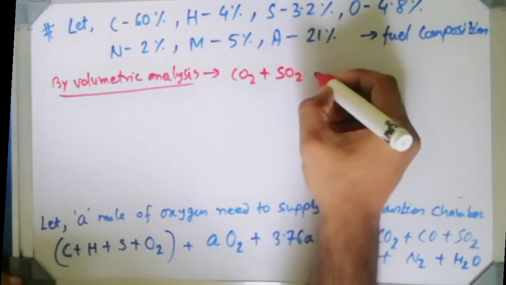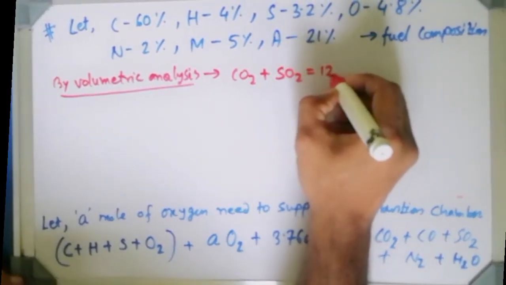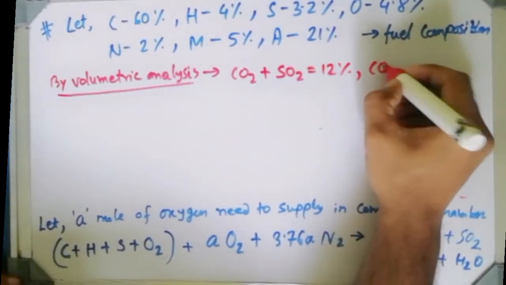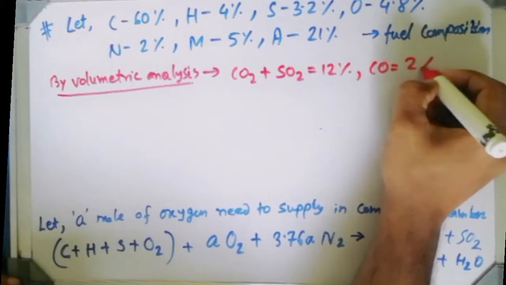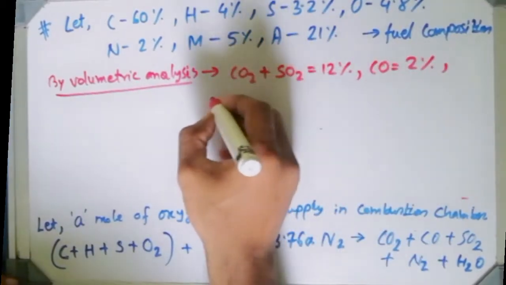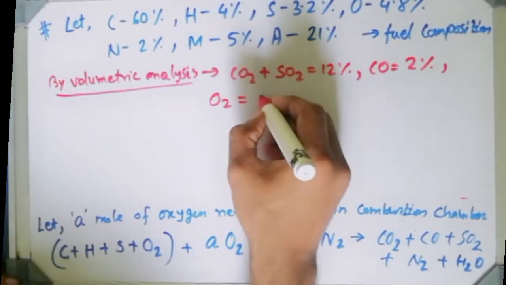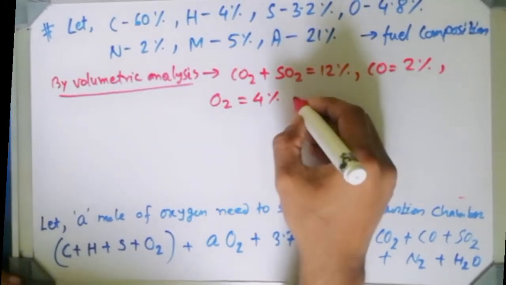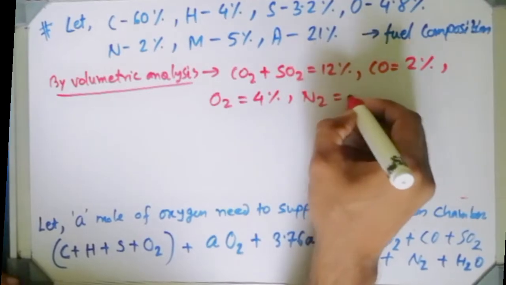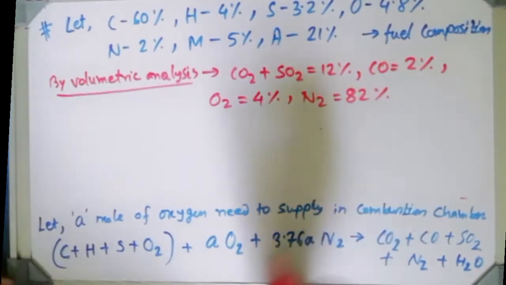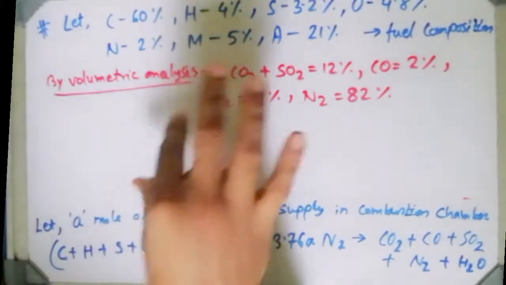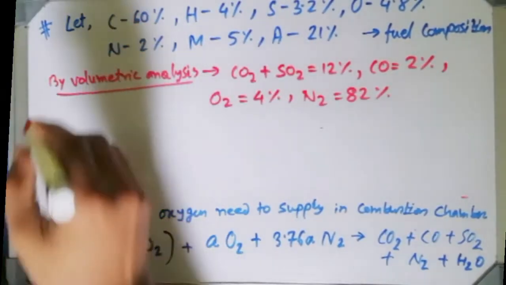Some oxygen will remain unutilized, that is 4%, and nitrogen is given 82%. That means after getting the flue gas, you have to analyze it with a proper instrument. The instrument name is ORSAT apparatus, by which this analysis can be done. It's a volumetric analysis.